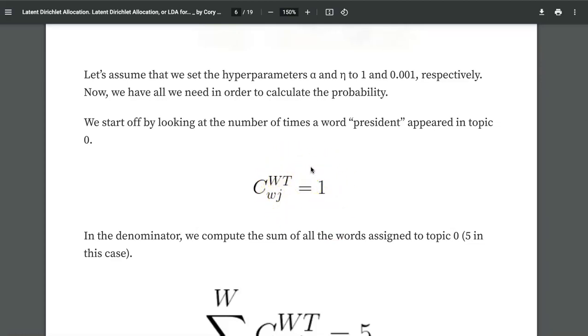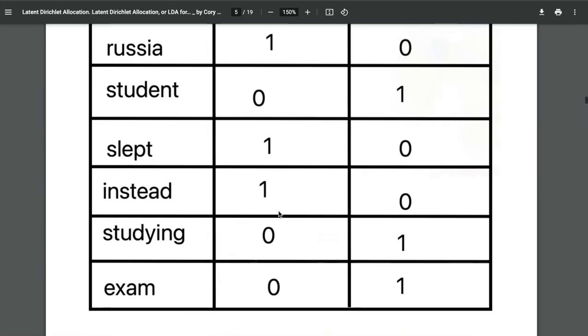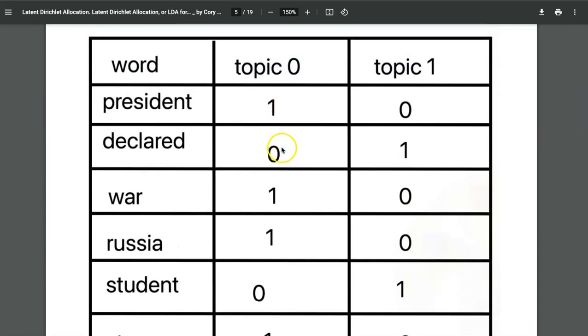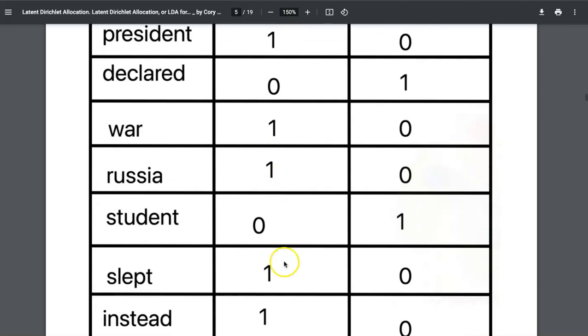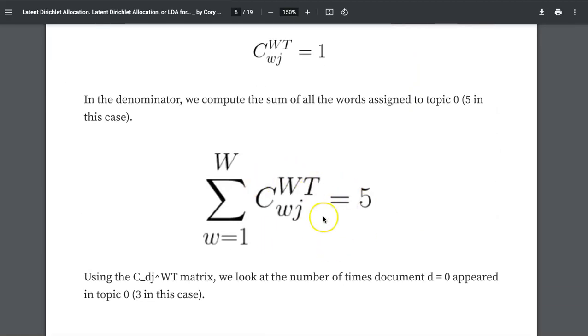The denominator is the sum for all words in topic class 0. Counting 1, 2, 3, 4, 5, there are 5 words, so that summation is 5.